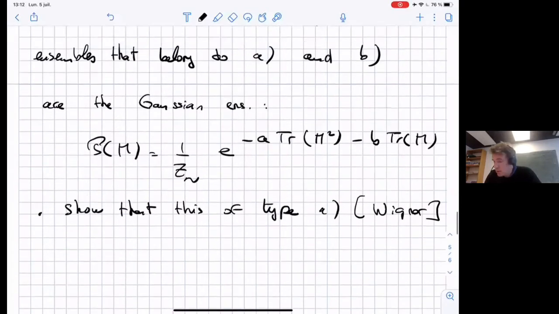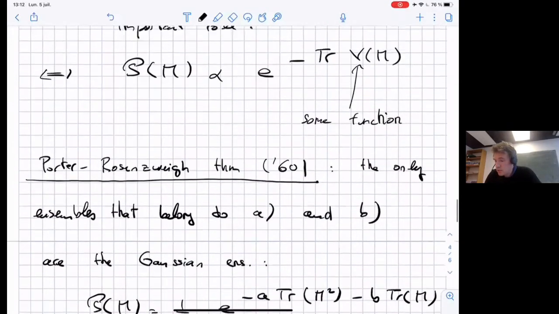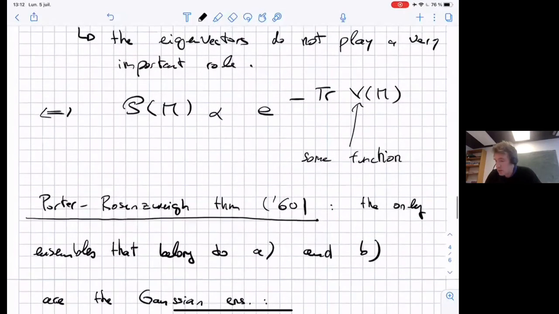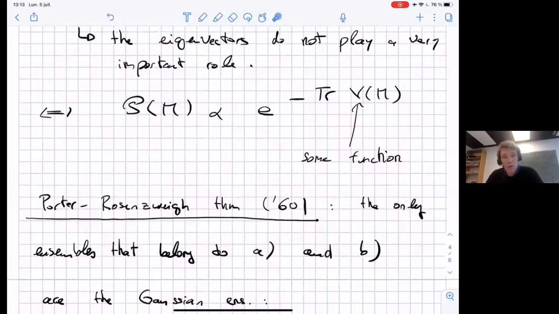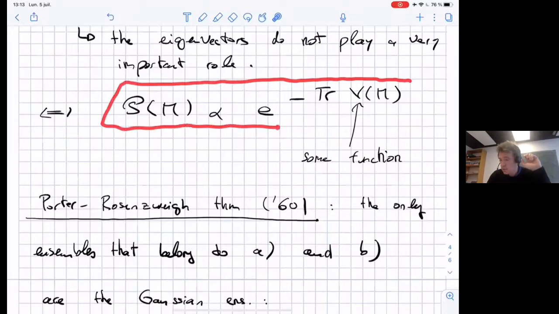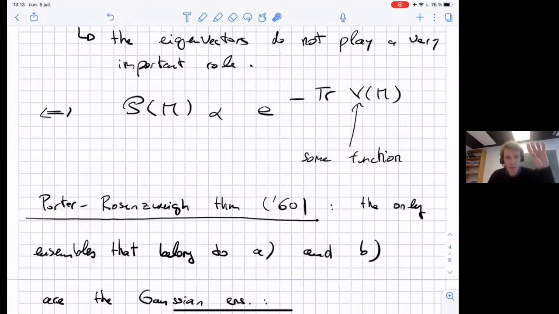Well, no, they are not given from scratch, because for a rotationally invariant ensemble, you have a strong constraint: the measure is defined not on the matrix elements, but on the matrix as a whole. And usually it's very hard to translate this into a probability measure for the elements.